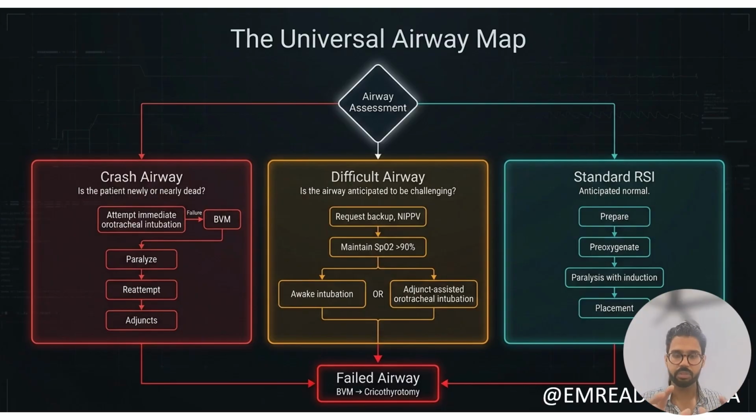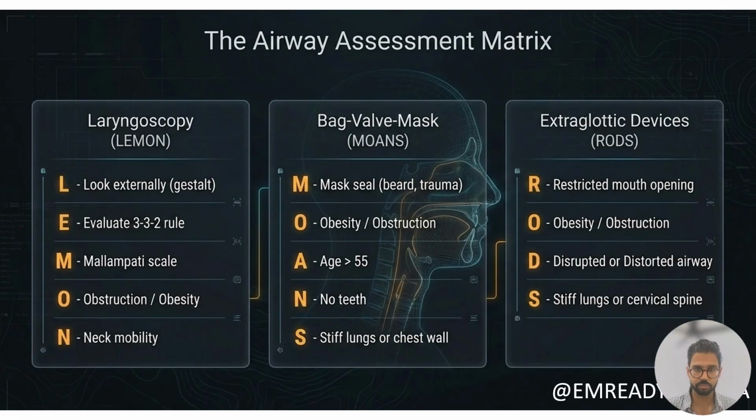Now, in either of these situations, if these don't work, then you can have a failed airway, which means there's an inability to establish an airway, in which case we temporize with BVM, bag valve mask ventilation, and if necessary, we consider a surgical airway, which is via a cricothyrotomy.